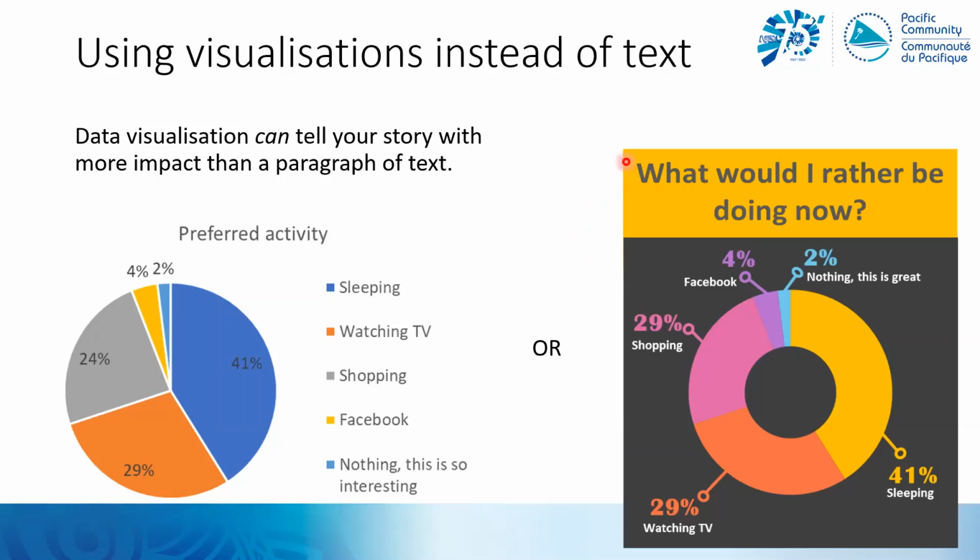And that's simply by including the question at the top, making a little feature, using some colours that aren't your standard Excel graph colours so that it doesn't look like every single graph you've seen before, and adding in the labels and the percents right next to the category so you don't have to switch between reading here, going to the colour.